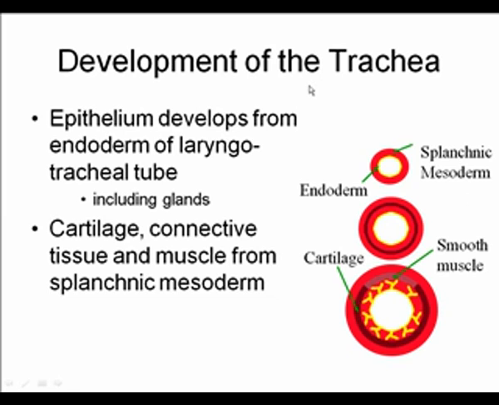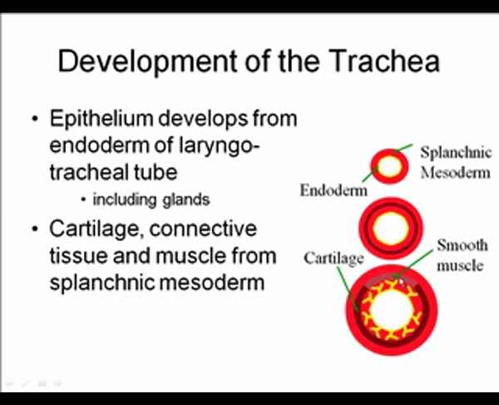As we move down to the trachea, again we note that there is splanchnic mesoderm and endoderm, and then the lumen of the trachea. So the epithelium and the glands of the trachea develop from the endoderm, whereas the rest of the structures of the trachea, including the C-shaped cartilages and the smooth muscle, develop from splanchnic mesoderm.